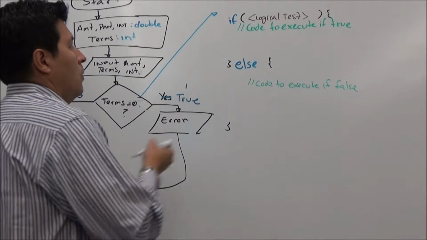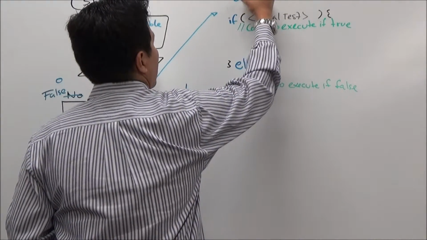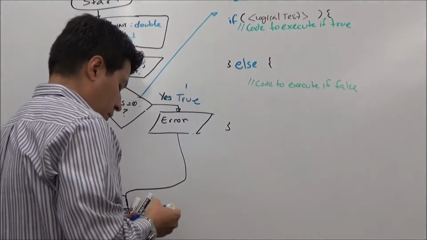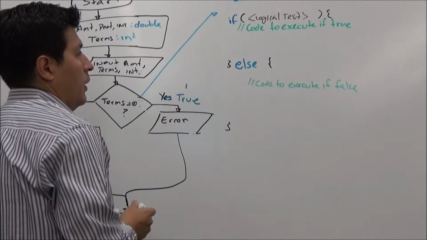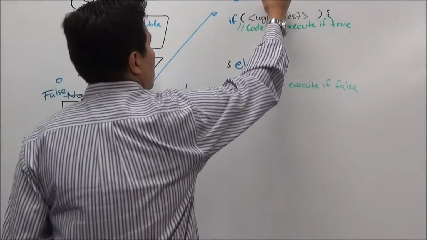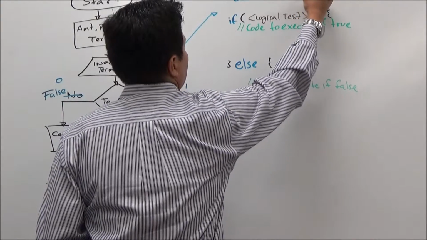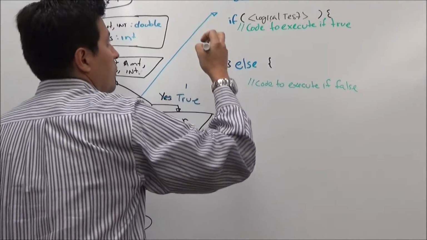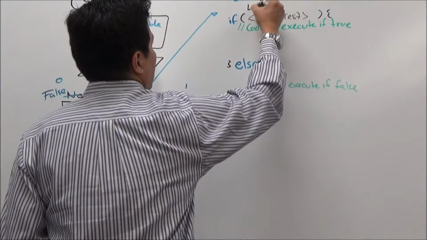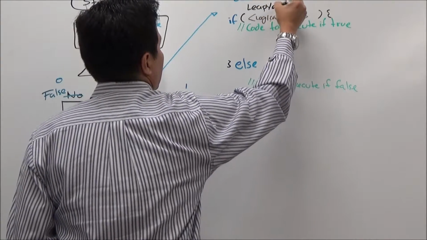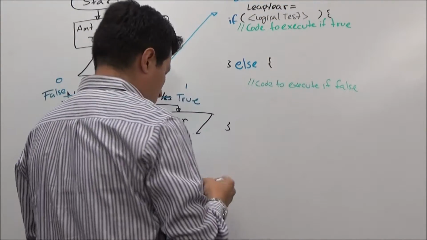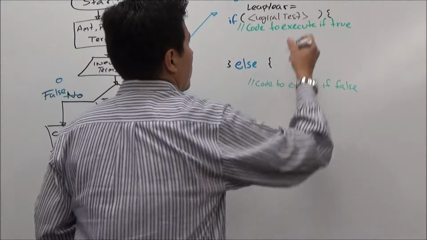I could declare a variable, type boolean, and I call it, I don't know, leap year. And I can say leap year equals false.